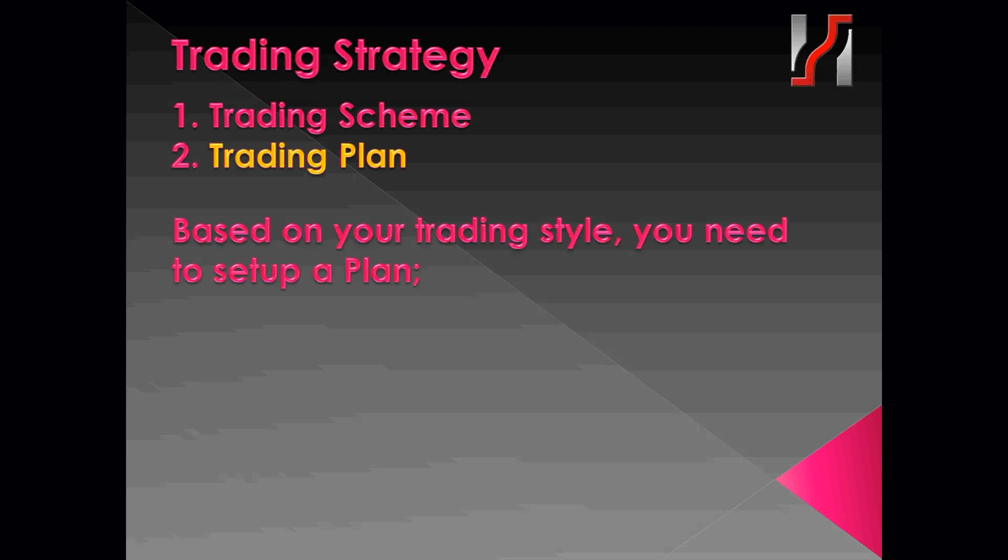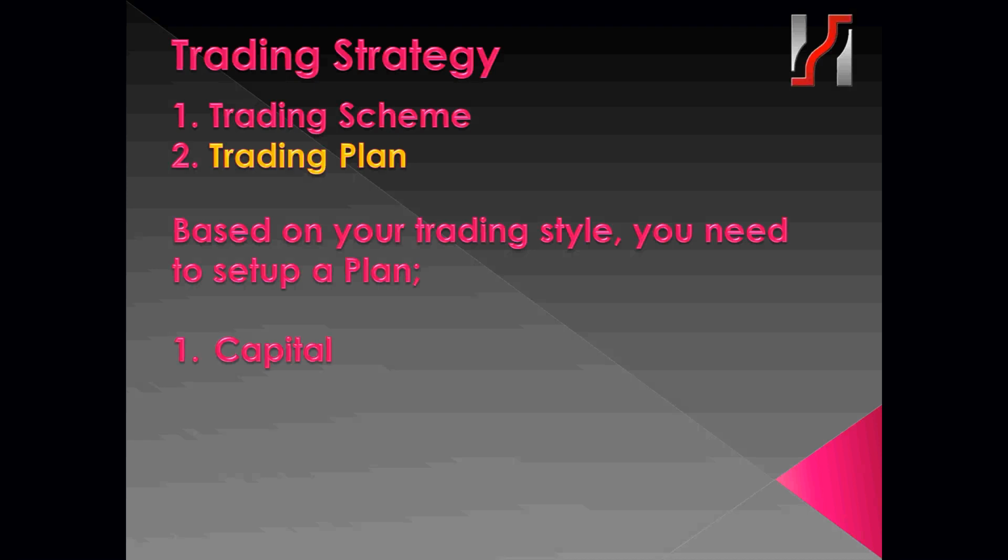Okay, so based on your trading style earlier on, the reason why I asked you to decide what particular trader you are, if you're a scalper, an intraday or swing trader, you need to set up a plan based on that particular trading style.